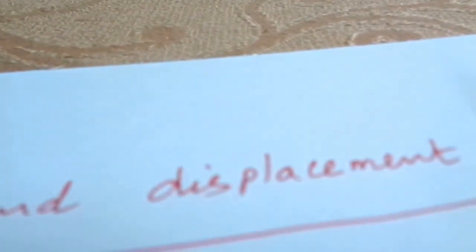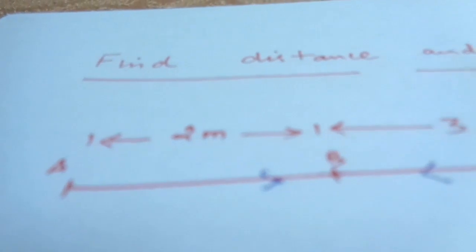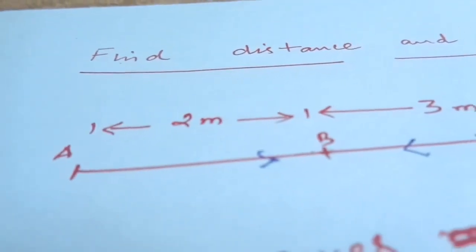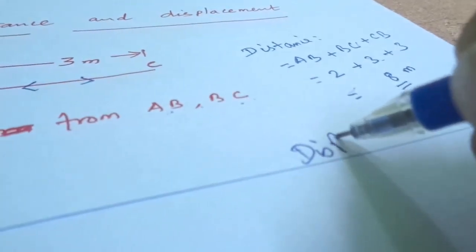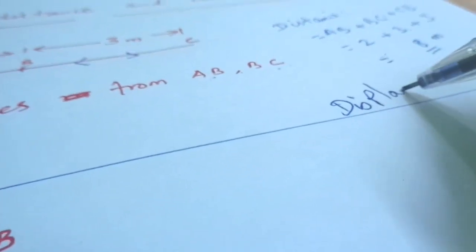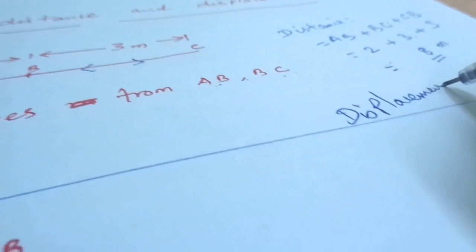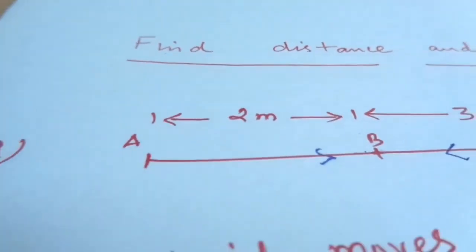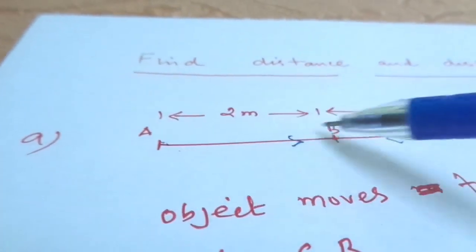Then they asked to find the value of displacement in this particular diagram. Here the displacement is the shortest distance between the starting point and end point.